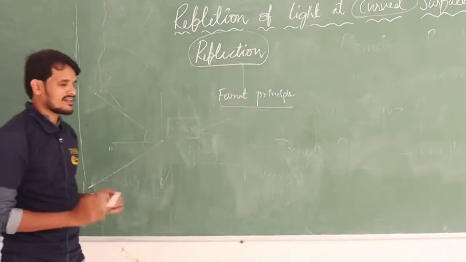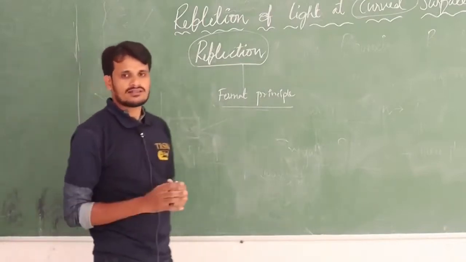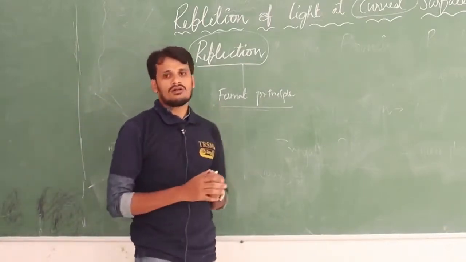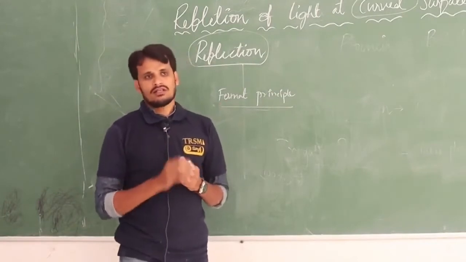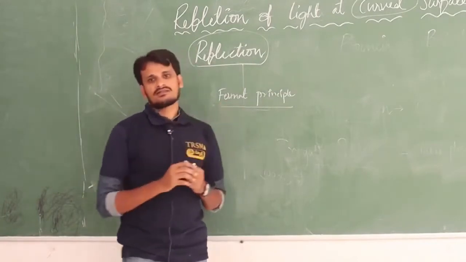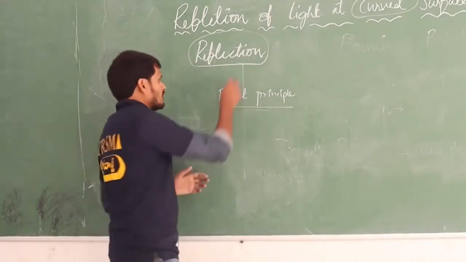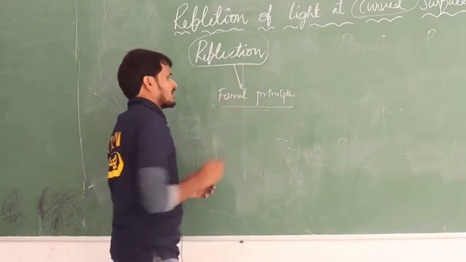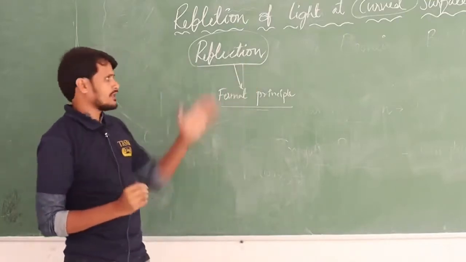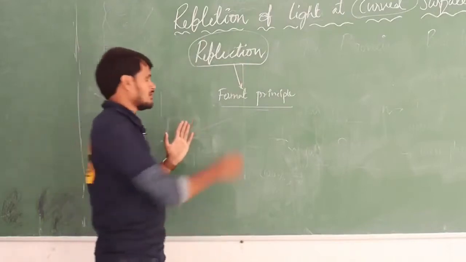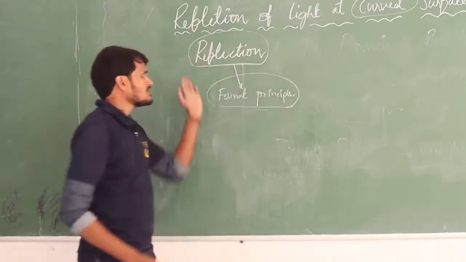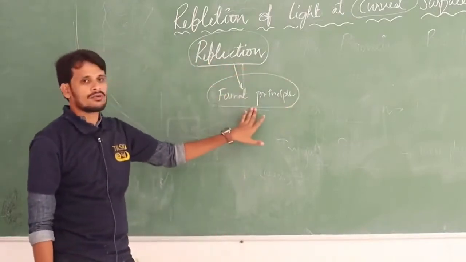Fermat's principle is stated as what? Light always selects the least time to travel, or the least path to travel. Light always covers the least distance. So the entire reflection phenomenon depends on Fermat's principle. How does this reflection phenomenon depend on Fermat's principle?